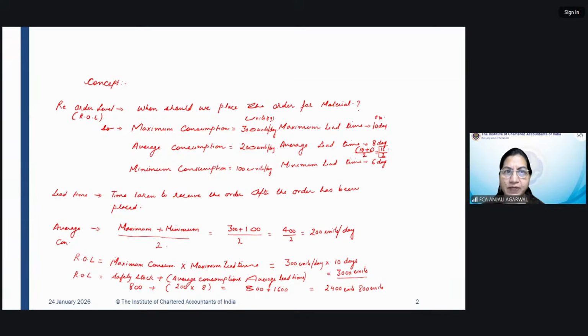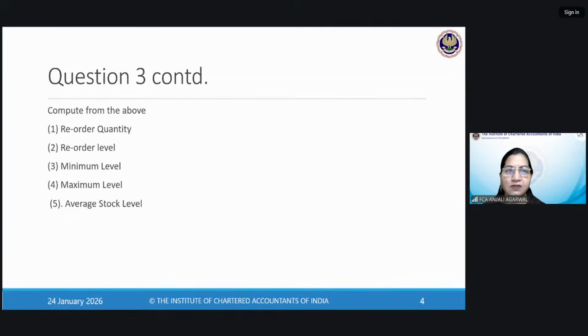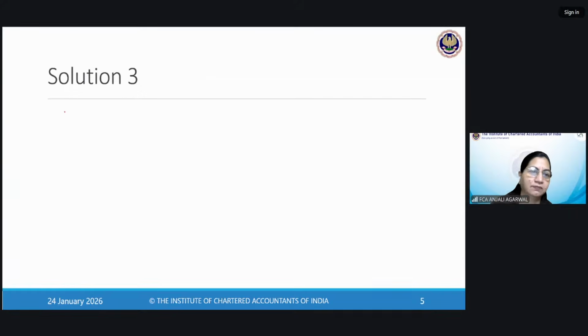Now, which one is a better formula from a reorder level perspective? Is 3000 units a good idea or is 2400 units a good idea? Okay, we have to see this. So let me tell you, if reorder level is 3000 units, you are absolutely safe.